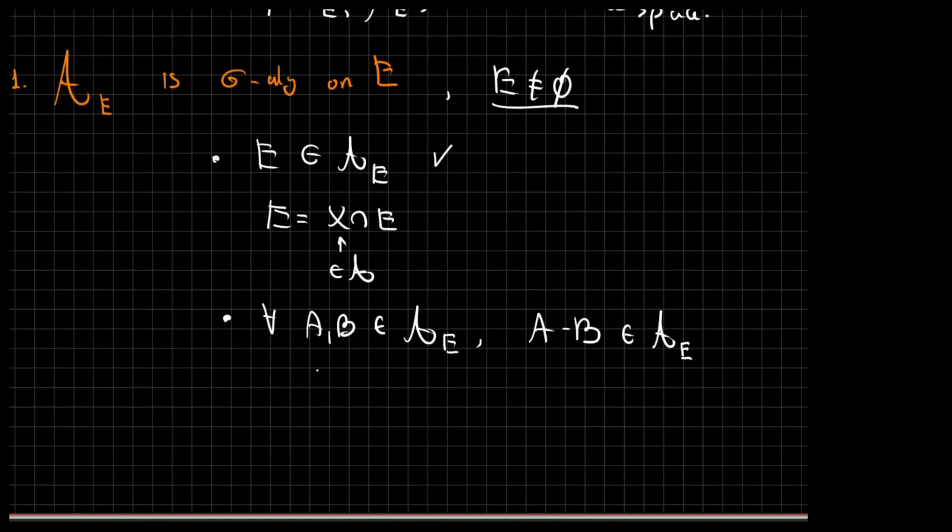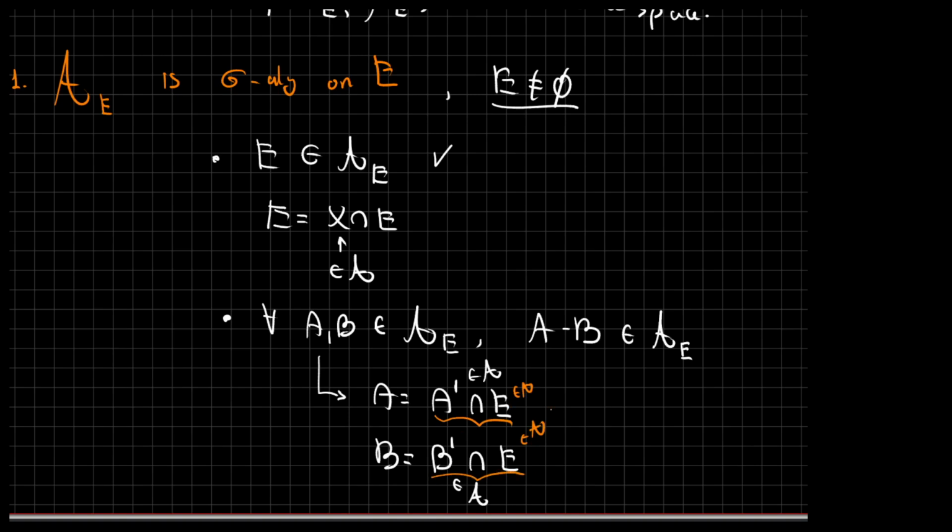If they are here, then you can write A as A prime intersected with E, and B can be written as B prime intersected with E, and A prime is an element of the sigma algebra, and B prime is also an element of the sigma algebra. You need to remember here that for sigma algebras, intersections are closed in the sigma algebra.